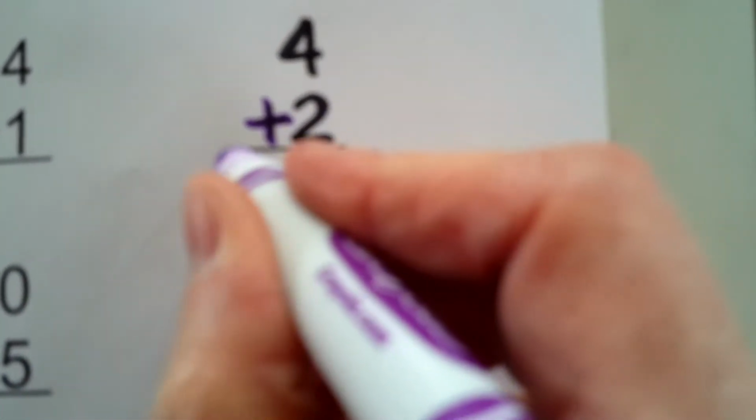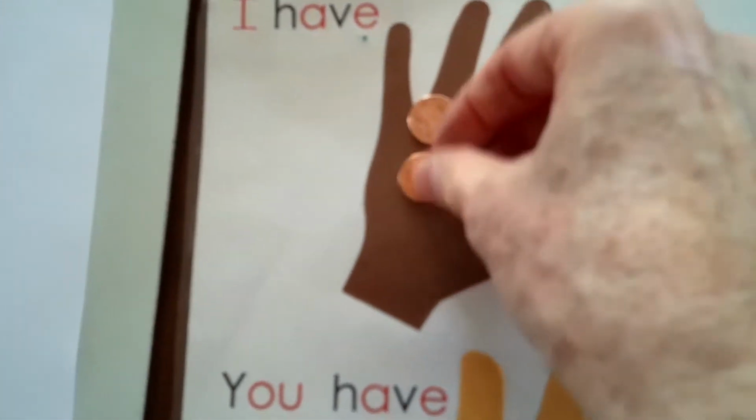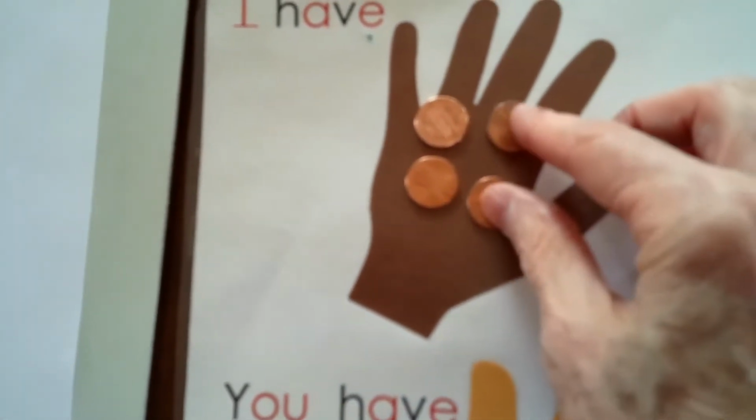And remember, we're going to look at these next numerals. 4 plus 2 equals, and let's do some tracing here. 4, they use that other kind of 4 on this page, plus 2 equals. And let's move our pennies over here and check that now. I'm putting 4 pennies at the top. 1, 2, 3, 4.